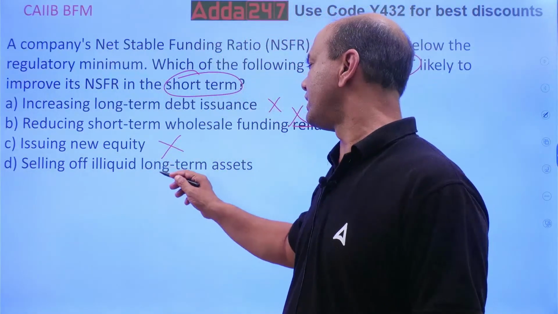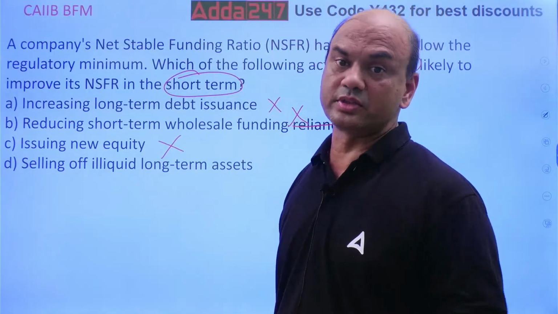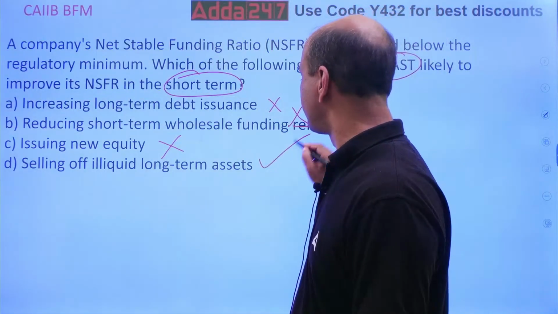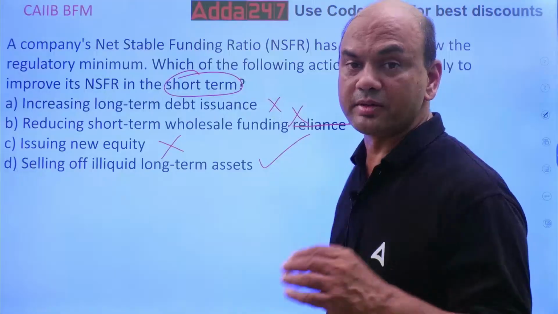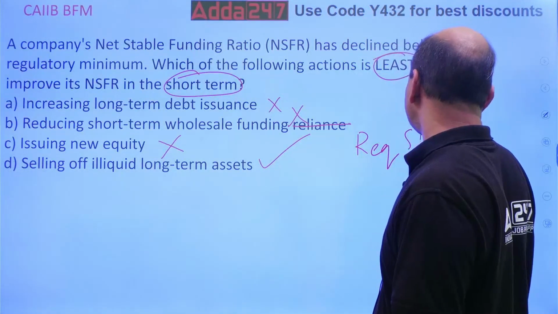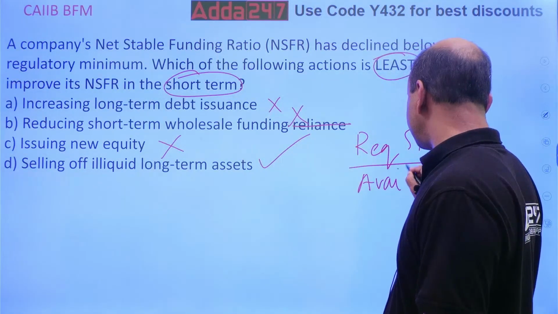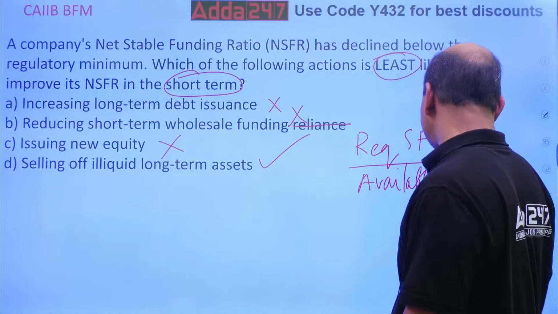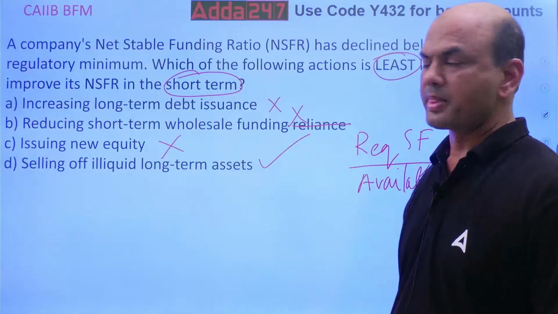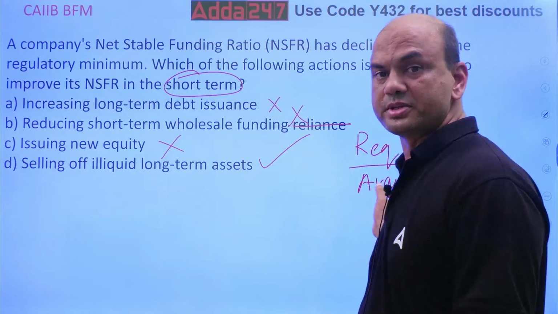Selling of illiquid long-term assets. Suppose I sell illiquid long-term assets, so this will affect my denominator. Required stable funding upon available stable funding, that is your NSFR. So if I sell off the illiquid assets, this available stable funding will reduce because it's a long-term issue.